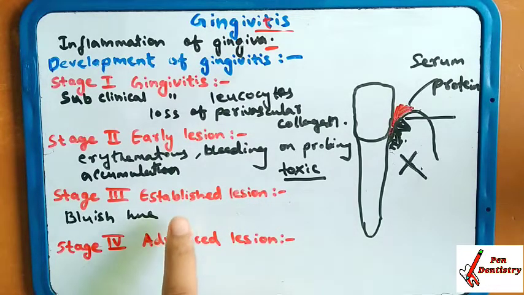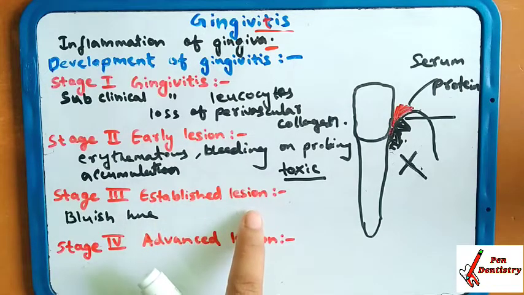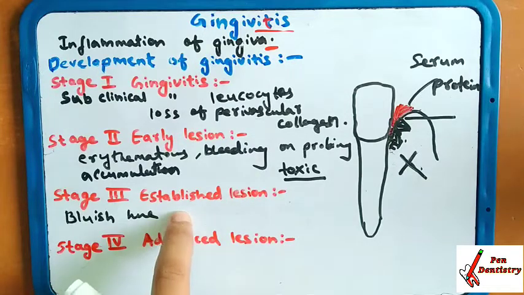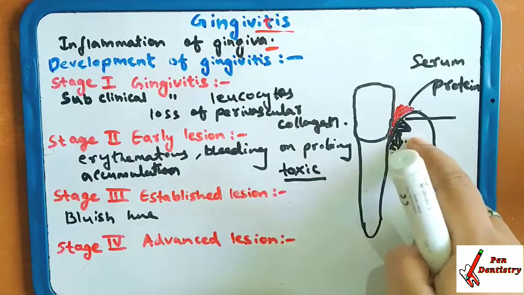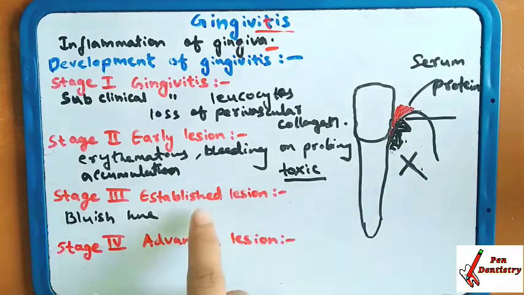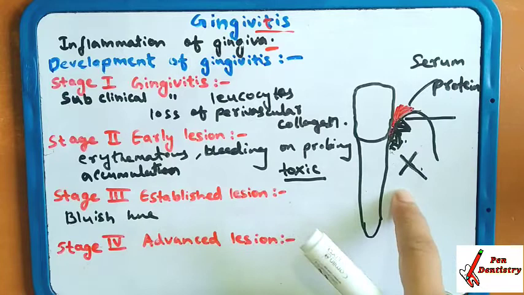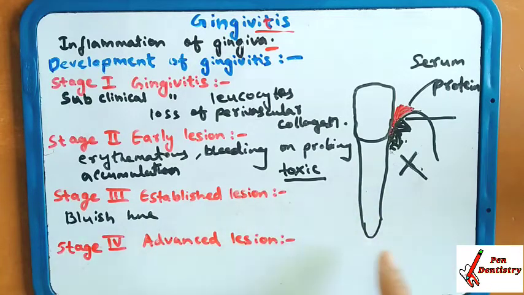The microscopic changes that we see in the third stage, the established lesion stage, are predominant inflammatory cells, that is plasma cells. Plasma cells invade the epithelium and the deep connective tissue around the blood vessels and between the bundles of collagen fibers.